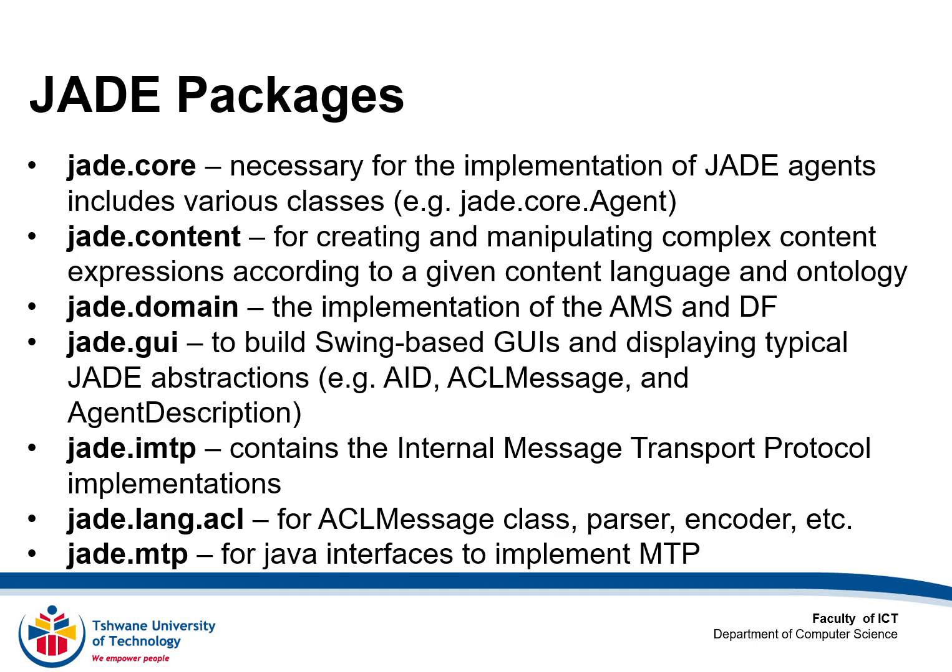We also have Jade.domain, which is essential for the implementation of the agent management service as well as the directory facilitator. Then Jade.gui, which is relevant for your GUI components with Jade. And then Jade.imtp, which is your internal message transport protocol, and it's used for implementing that.